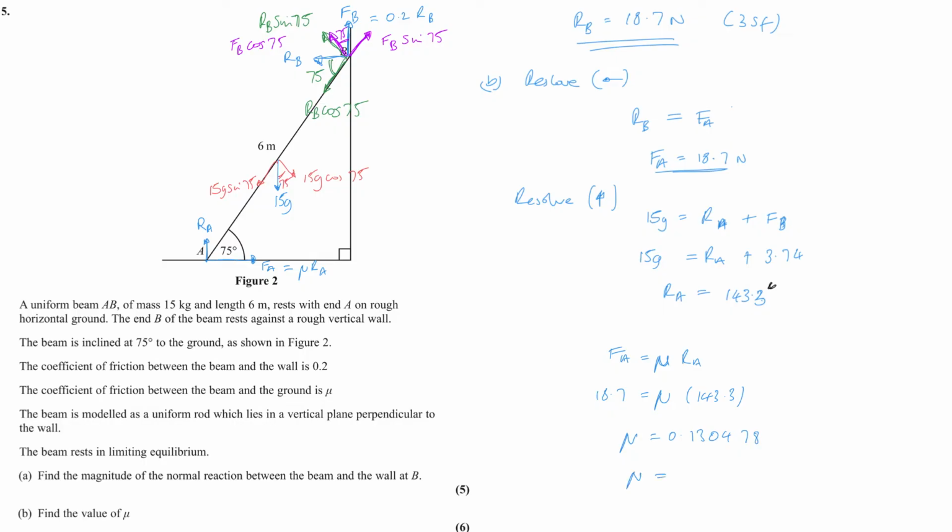So mu equals 0.130 to 3 significant figures. And that's question 5 done. I'm sure there might have been other ways you could have done part B there, but I think that was the easiest way. Let me know if you did it any differently.